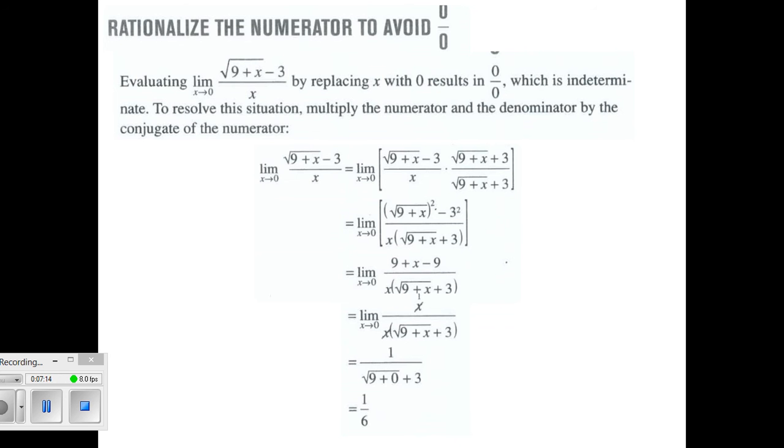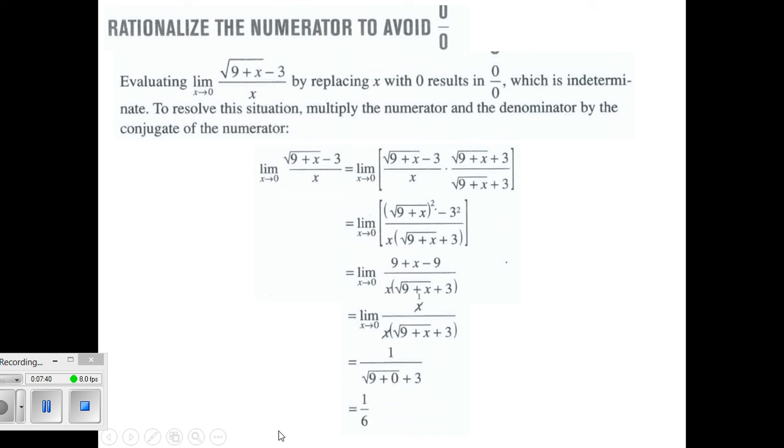And conjugates are two expressions of the form a plus b and a minus b. Multiplying by the conjugate over itself and taking advantage of the algebra takes us out of the indeterminate form and leaves us with an expression for which we can evaluate the limit by simple substitution.